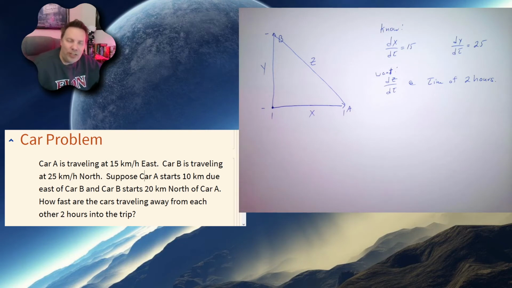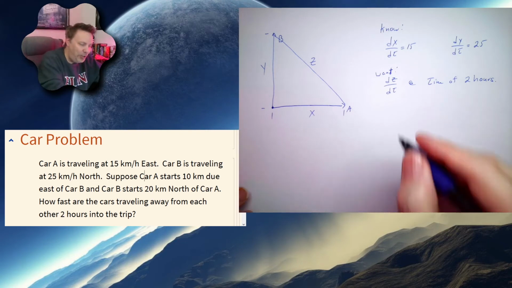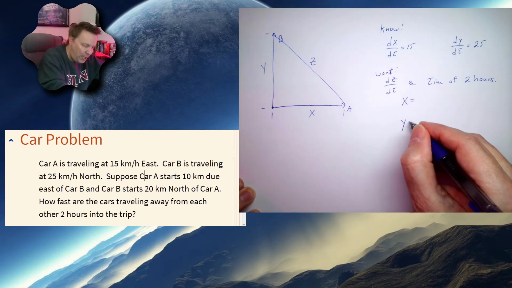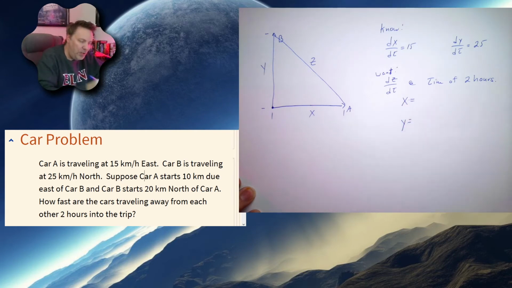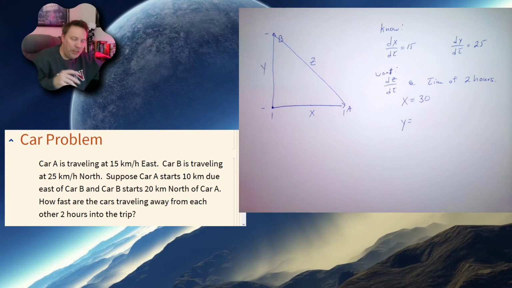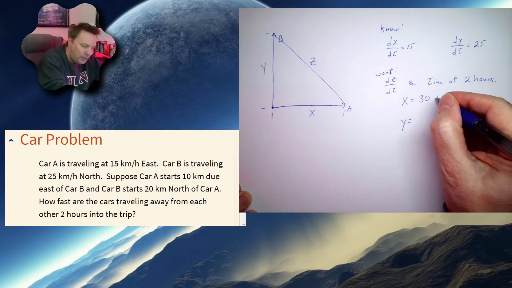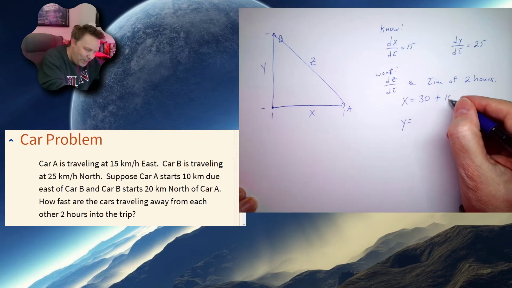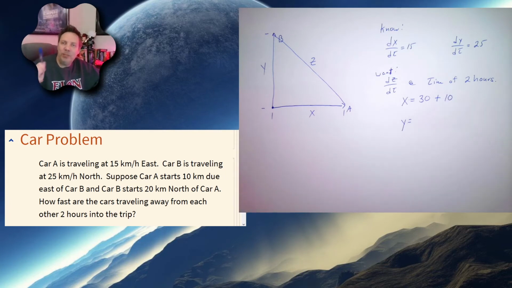So where are these cars 2 hours into the trip? Well, X and Y, car A and car B. Car A travels 30 kilometers because it's 15 times 2. But quickly reading this again, I have to put an extra 10 kilometers on there because that's what the problem is telling me to do.